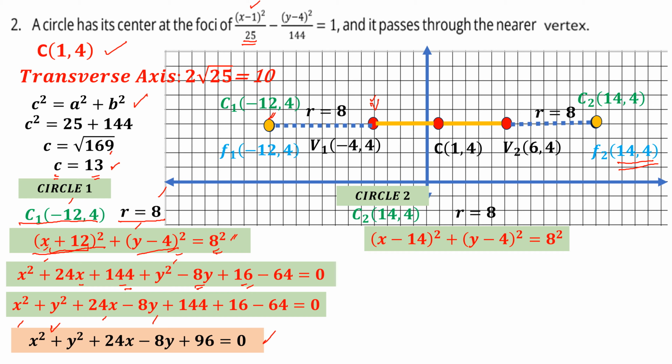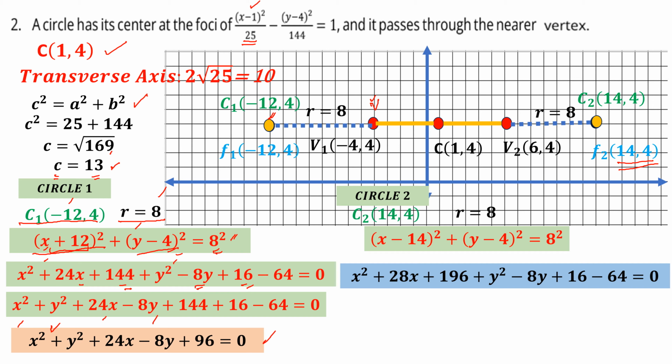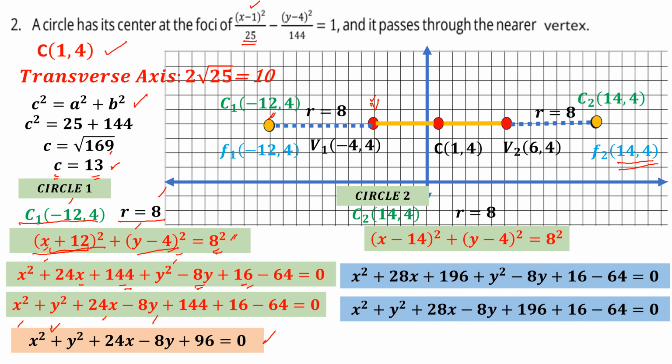So same thing. (x - 14)^2 plus (y - 4)^2 is equal to 8^2. And to further expand, we have x^2 minus 28x plus 196 plus y^2 minus 8y plus 16 minus 64 is equal to 0.